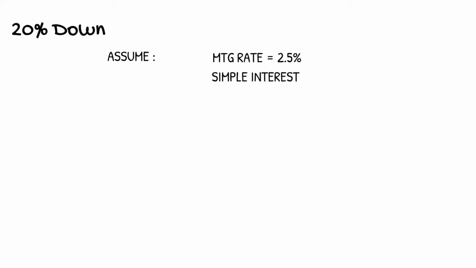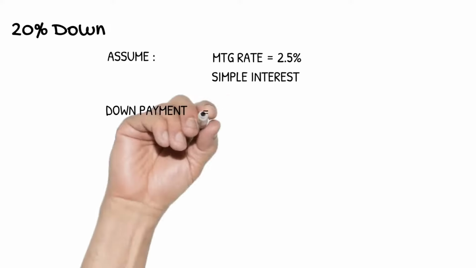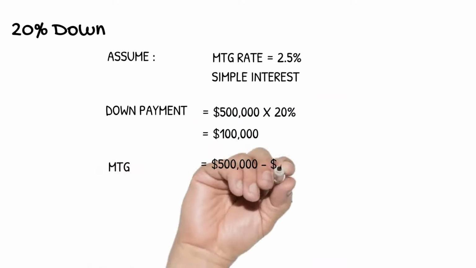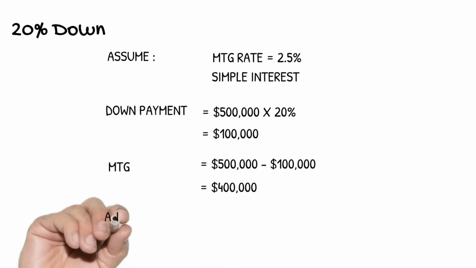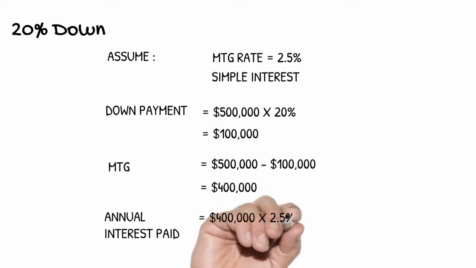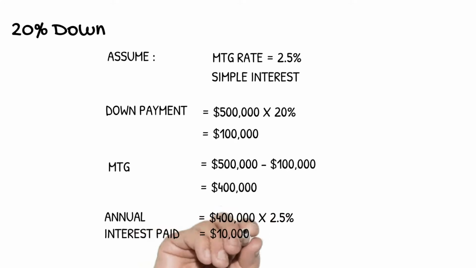So, if we're looking at 20% down on a $500,000 purchase, you're putting $100,000 down and your mortgage is going to be $400,000. So the mortgage interest, 2.5% of $400,000, is going to be $10,000 for the year. Well, that's going to change the amount of profit you make, because now your profit is going to be the net income after the mortgage interest.